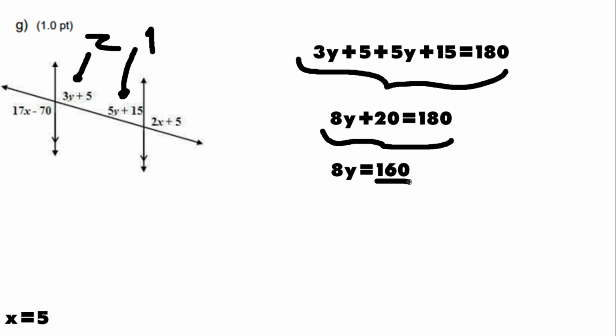Then it's just dividing 160 by 8, which is also very simple. You can do it in your head. So we just discovered that y is equal to 20, and as we already knew, x is equal to 5.